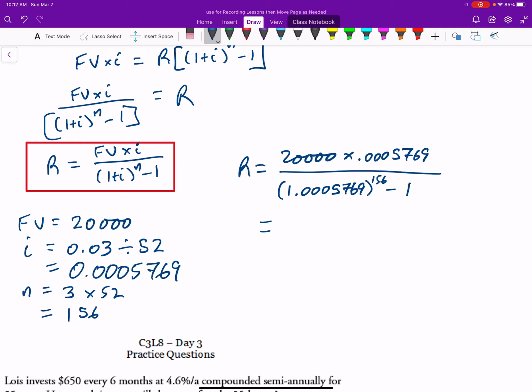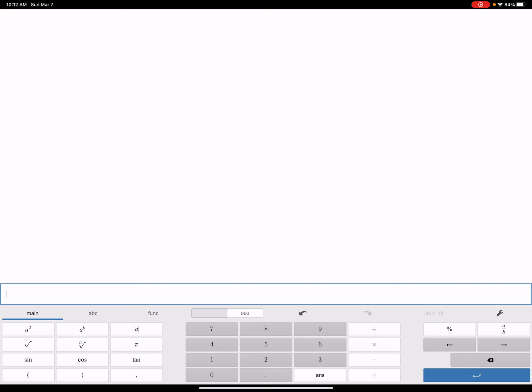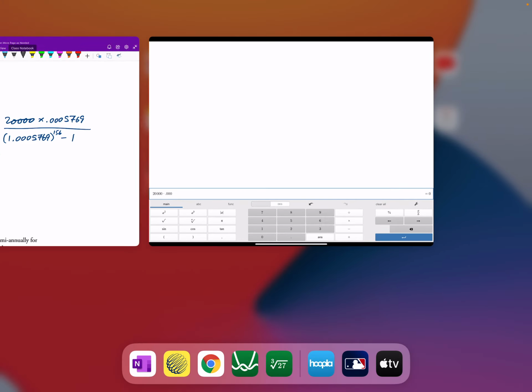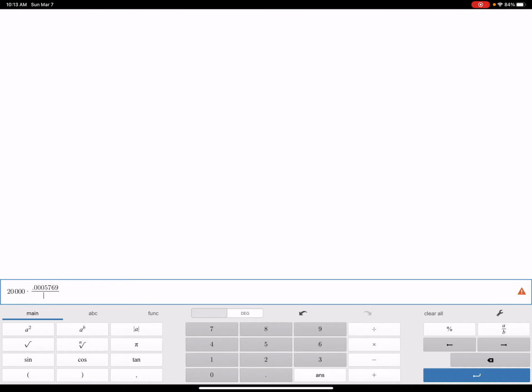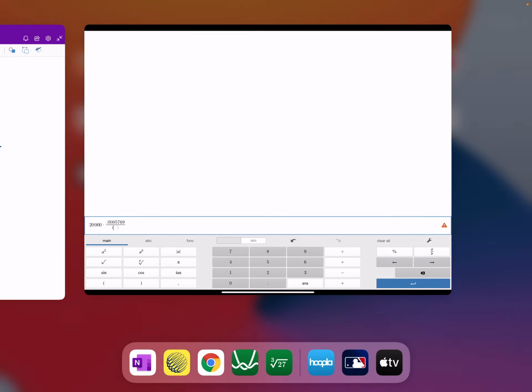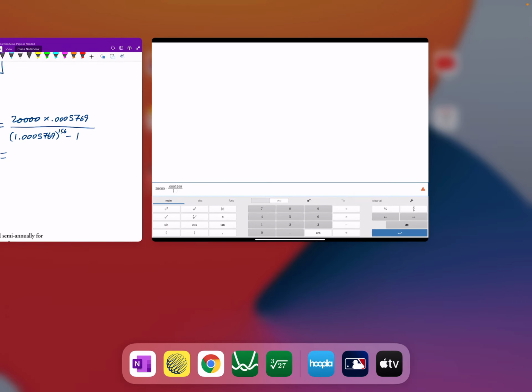I just have to be careful to maintain order of operations when I actually type this in. So 20,000 times 0.0005769, that's my numerator. Divide that by, I'm going to use brackets to make sure that my denominator gets done all before I divide, to maintain order of operations.